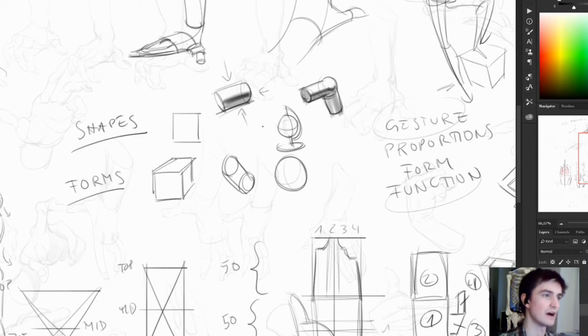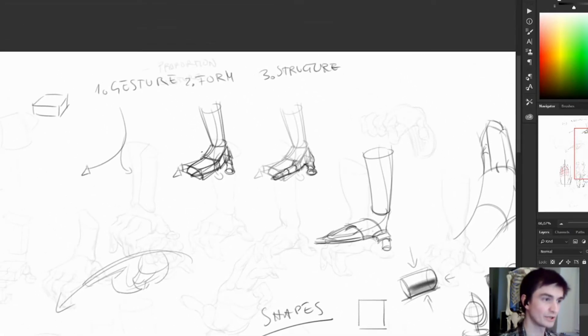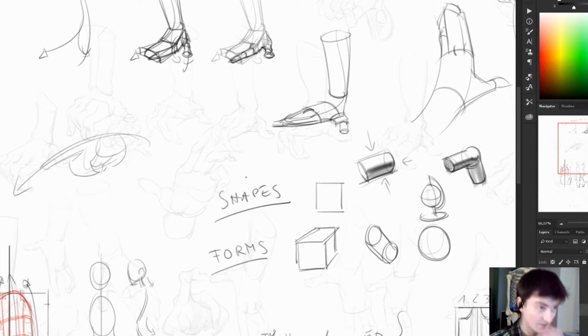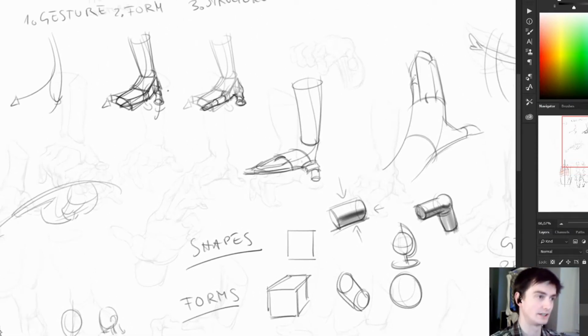The understanding of how gesture works in conjunction with your forms means that we can essentially play jazz with our drawings, right? We don't need to conform to any strict guidelines that a reference would give us.